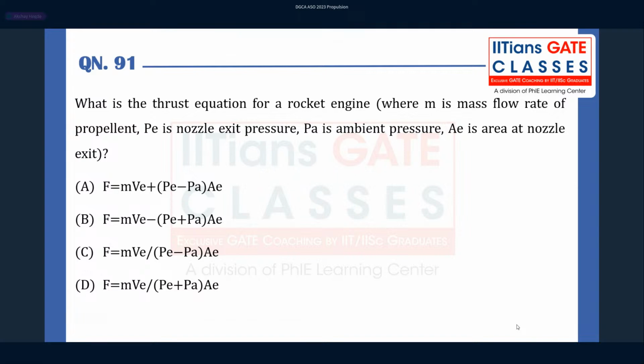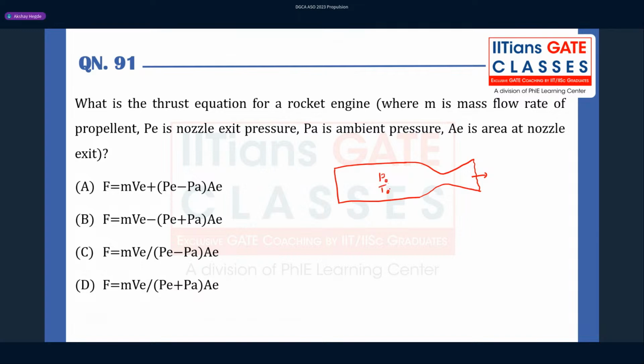So if we look at the rocket motor or rocket engine, we usually have a combustion chamber where the combustion of fuel and oxidizer takes place, and the gases expand through a converging-diverging nozzle to give a momentum thrust.